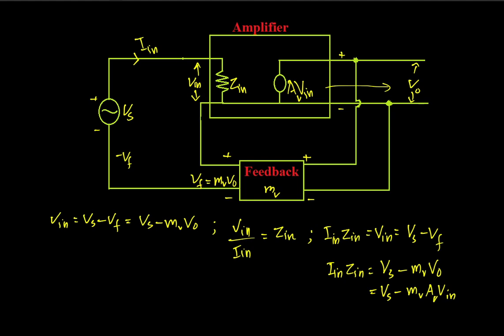Or we can write from this equation Vs is equal to Iin Zin plus Mv Av into Vin.